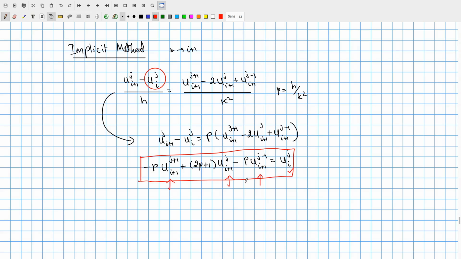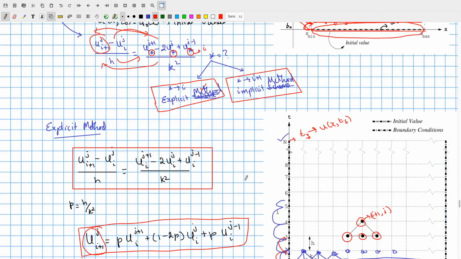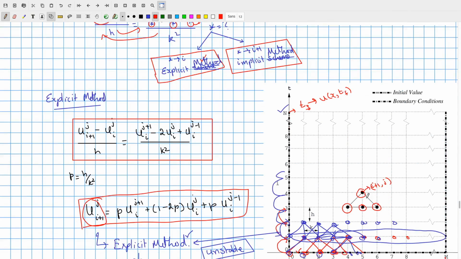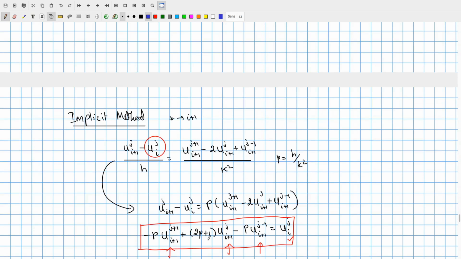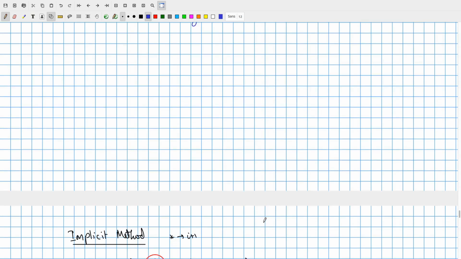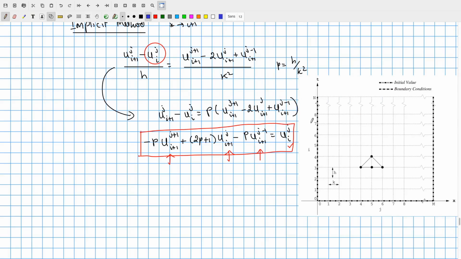In this case it is reversed. The triangle acts exactly in reverse. Let me pull down this figure here. Let us take any ith, jth grid point.